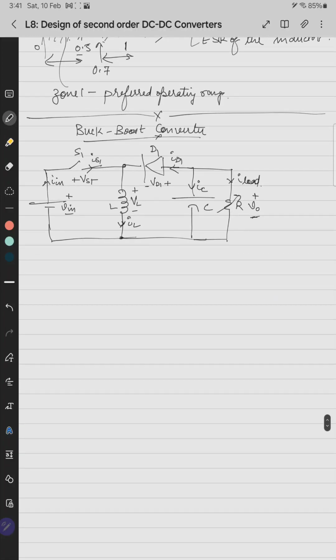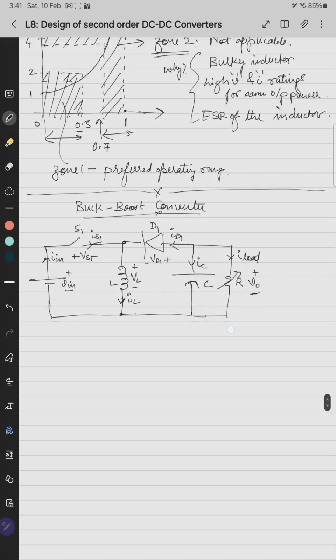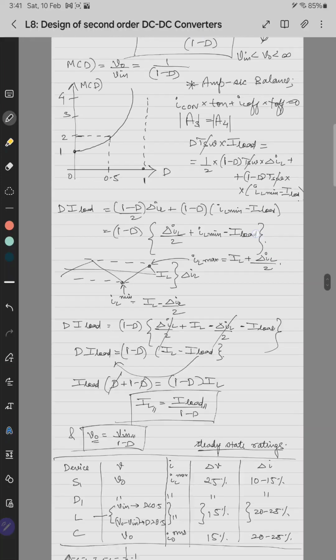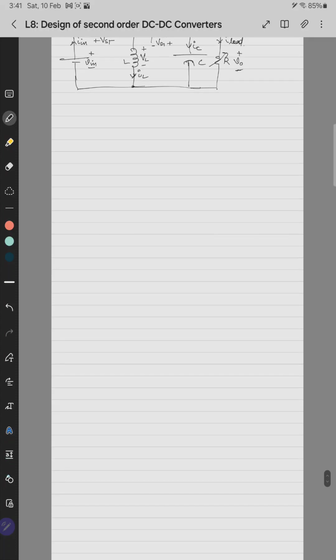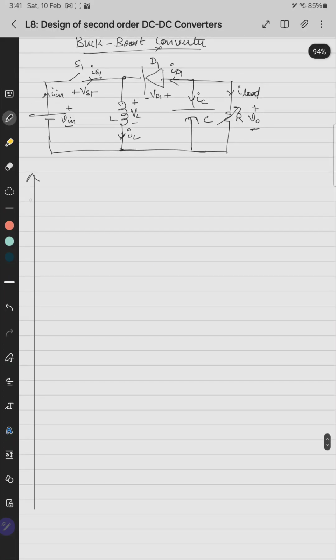We'll see the voltage waveforms of this converter for this particular arrangement. Let's start with the switching pulses, one, 0.